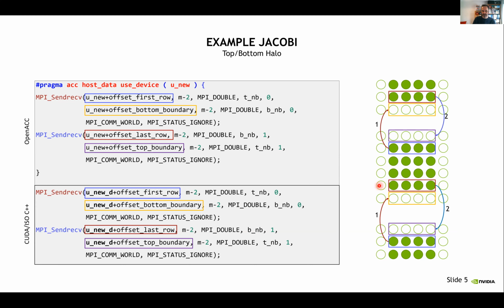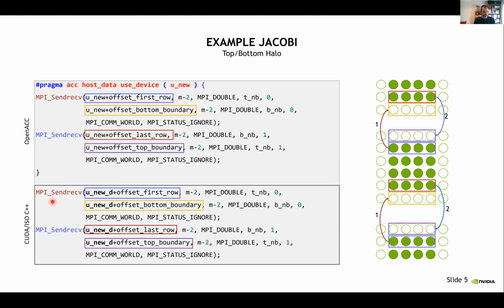In the second step, each rank sends the last row of its interior domain to its bottom neighbor, and at the same time receives from its top neighbor into its top halo. And that is just basic MPI and domain decomposition.